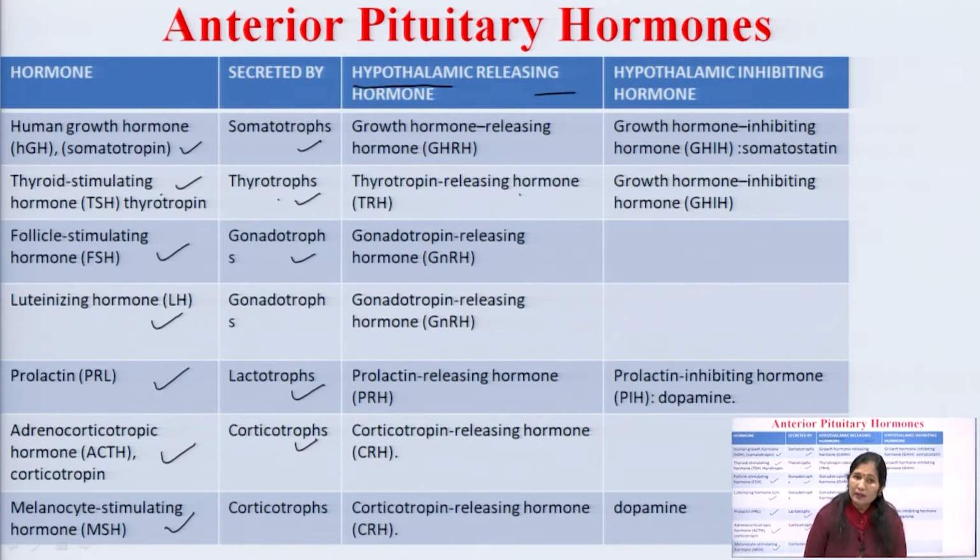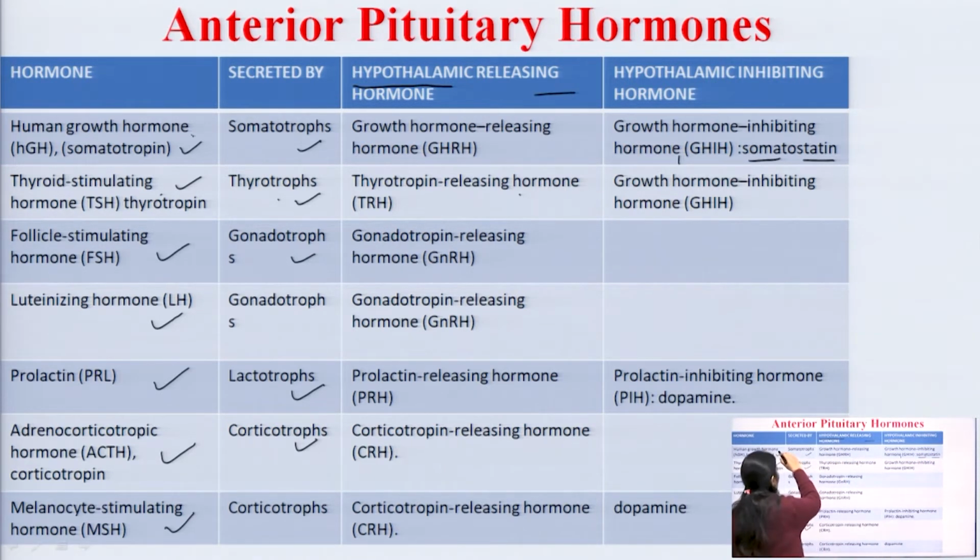And what are the inhibiting hormones? They inhibit the secretion of pituitary hormones from the pituitary gland, and they are released from the hypothalamus. Growth hormone inhibiting hormone, somatostatin: somato means growth, statin means stop, so it inhibits growth. It inhibits the release of human growth hormone from the pituitary gland. It also inhibits the release of thyroid stimulating hormone.